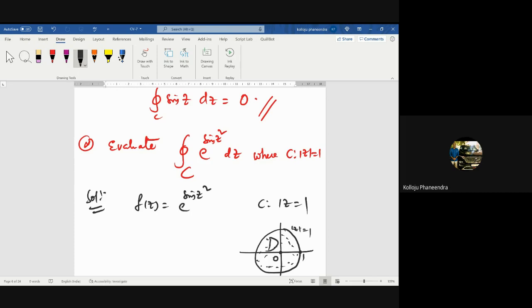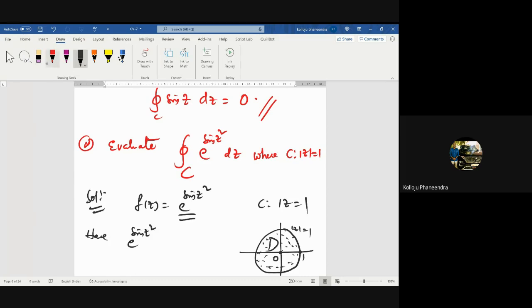In this domain, the function e to the power of sin z square is analytic. Analytic means it must be differentiable, first point, and it must be differentiable in every neighborhood of the point. The exponential function is everywhere differentiable.